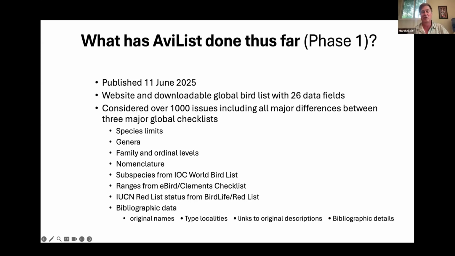And it includes a lot of bibliographic data, the first modern checklist to do that since Peters, that has links to the original bird names, type localities, original descriptions, bibliographic details. That's very much a work in progress, but has really abundant information in there. And the links to original descriptions are really nice because they go to these old publications where a name was originally described, really helpful for taxonomic work and just people curious about ornithological history.